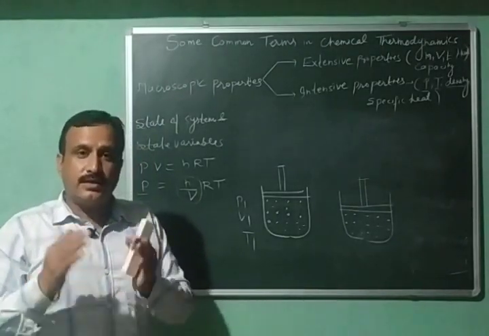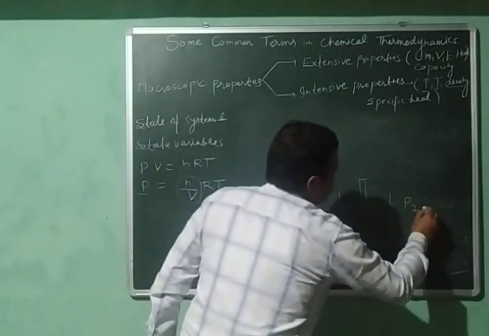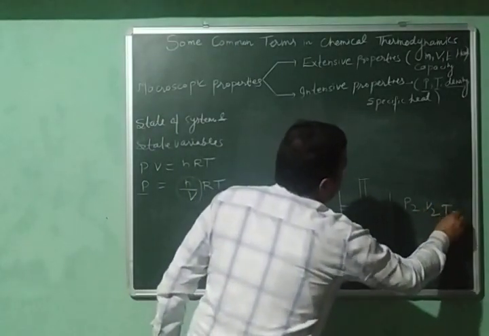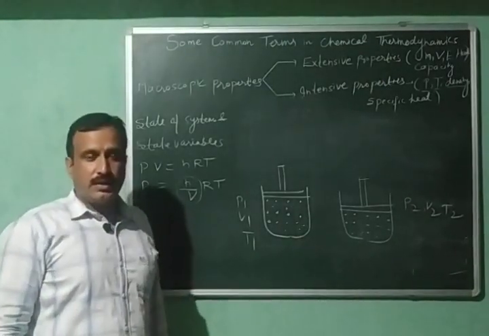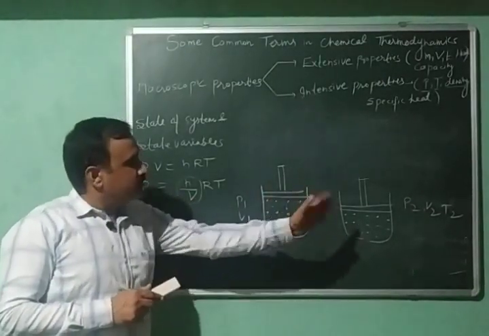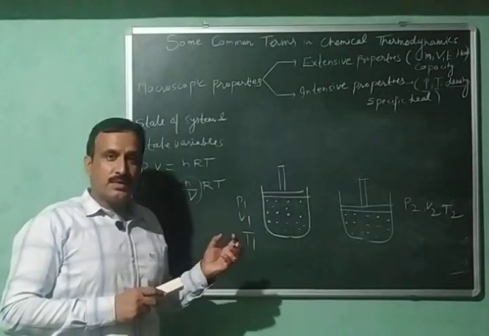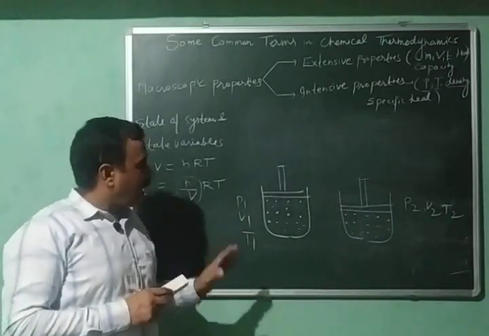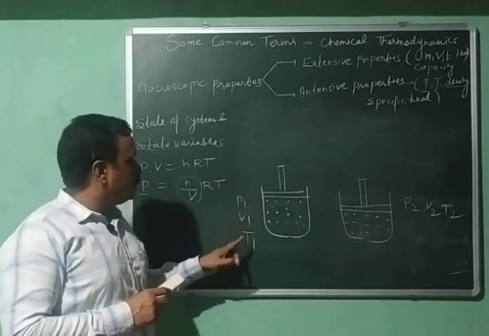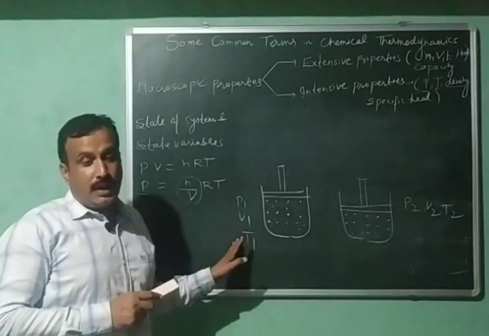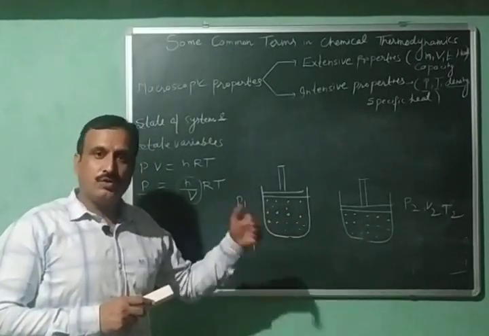Now the gas is entirely at a different state. Now let the pressure be P2, volume be V2 and temperature be T2. So now the state of the gas is changed. The state of a system is the condition at which its macroscopic properties like pressure, volume, temperature have fixed values, and when these properties are changed, then the state of the system is also changed.